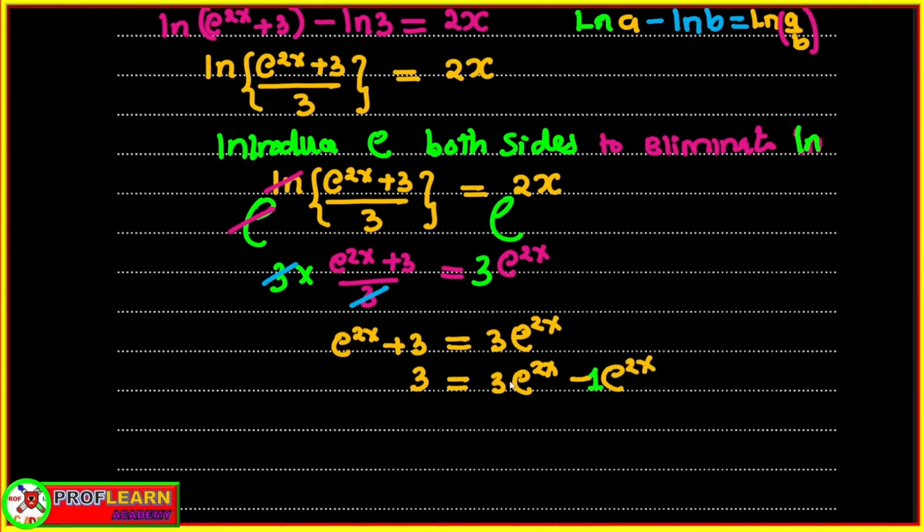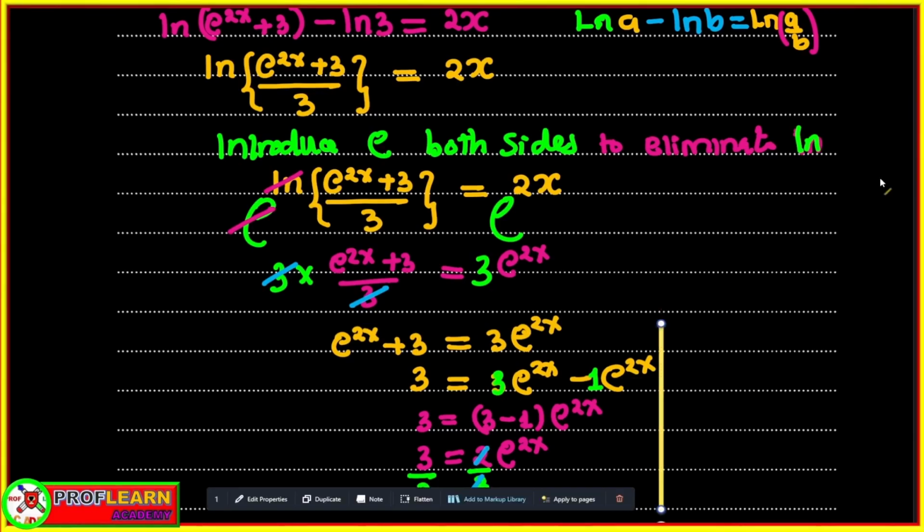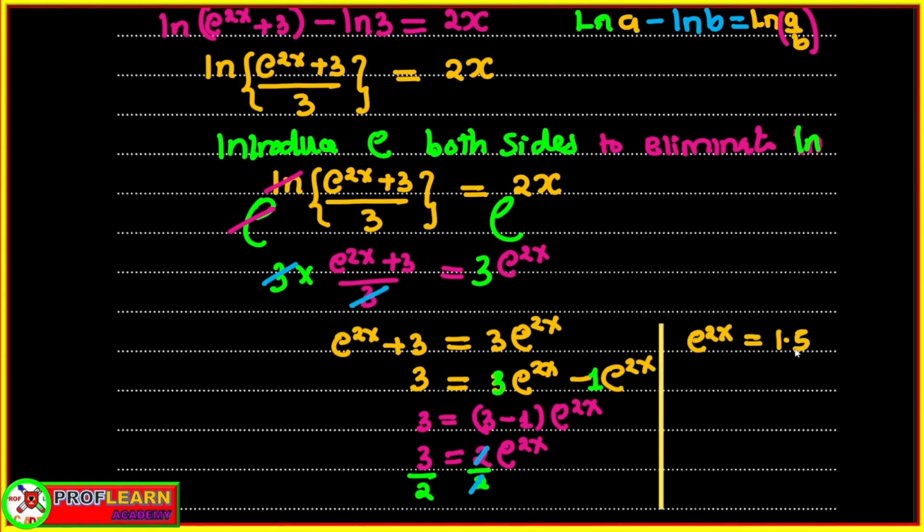And you see now it's like we're having 1 at this point. So if we factor out exponent 2x and subtract 3 and 1, then we'll end up having 3 equals to that. And this is going to reduce to 2x. Then at this particular point, we can divide by 2, and then we're going to remain with e to x equals 1.5.